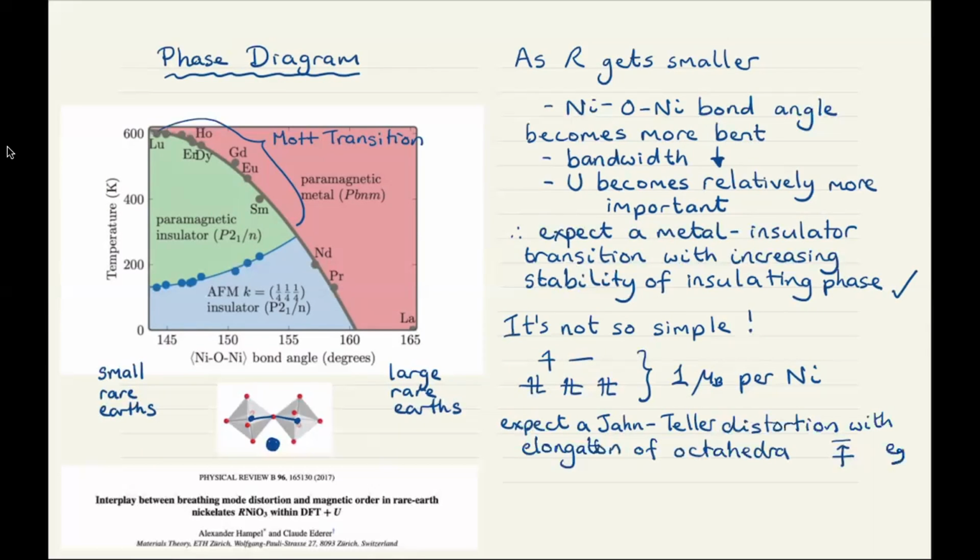What's seen instead is an alternation in the size of the octahedra such that one small octahedron is adjacent to one larger octahedron. And this is accompanied by a charge disproportionation such that the larger octahedron is formally nickel 2+, and the smaller octahedron is nickel 4+.